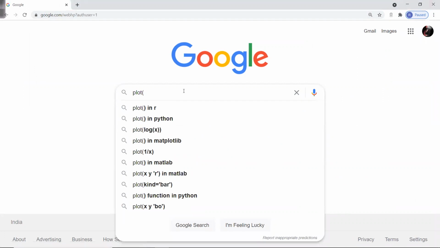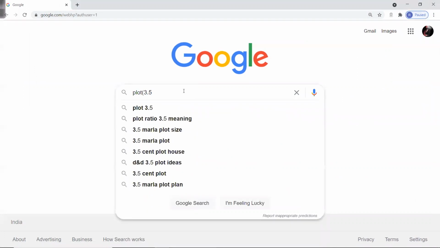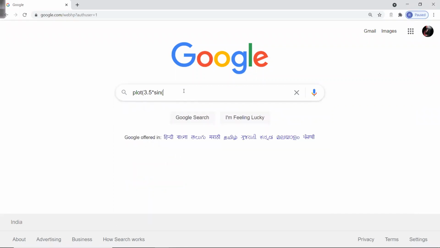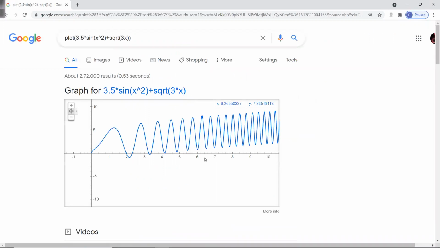I want to plot 3.5 into sine of x square plus square root of 3x. And the plot which I am getting is this.